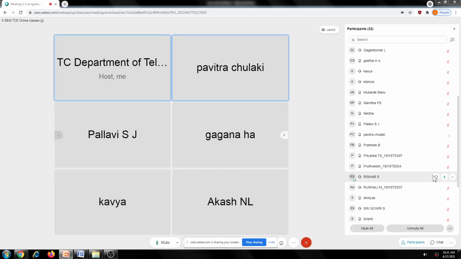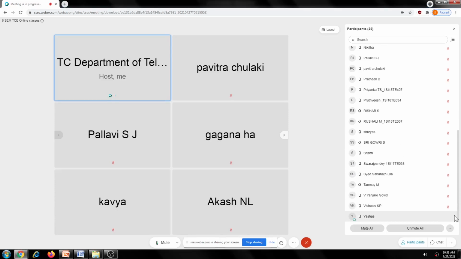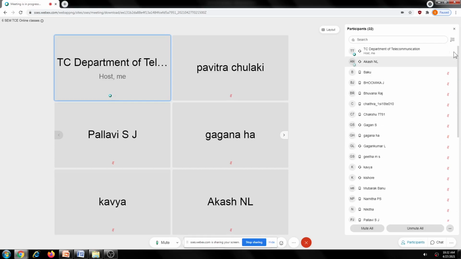Present, ma'am. Shri Gauri? Present, ma'am. See, all of you must be present. We are taking a screenshot of your names, and those who are absent will be marked absent in the attendance register. All of you must be present, and you should also answer whenever I call. Bhuvanaraj is present. Yes, ma'am. Okay, fine.